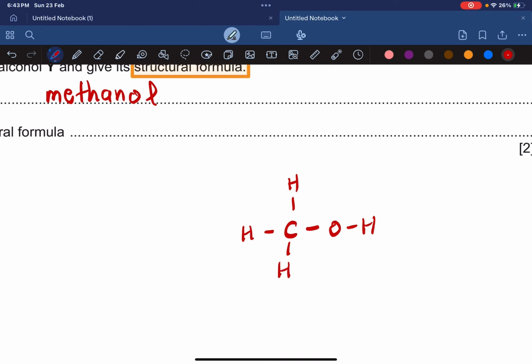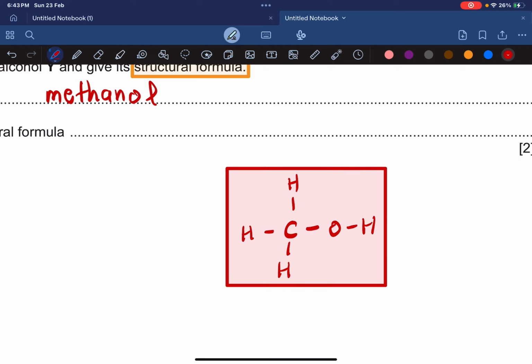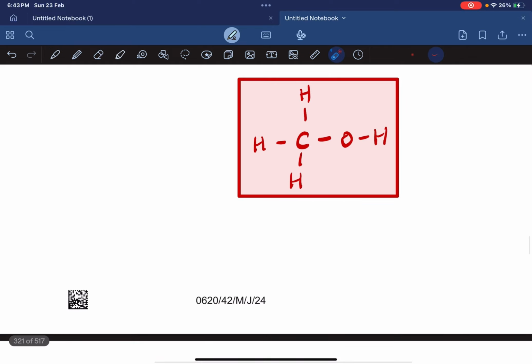This is methanol. Now, in order to deduce its structural formula, you first look at this part. You just write it as CH3. This is carbon and 3 hydrogens. Do you agree with me?